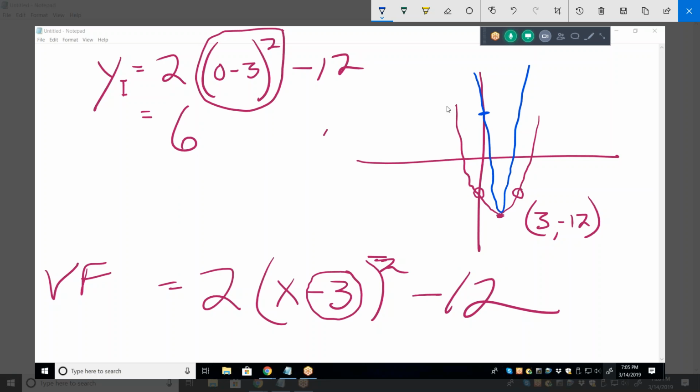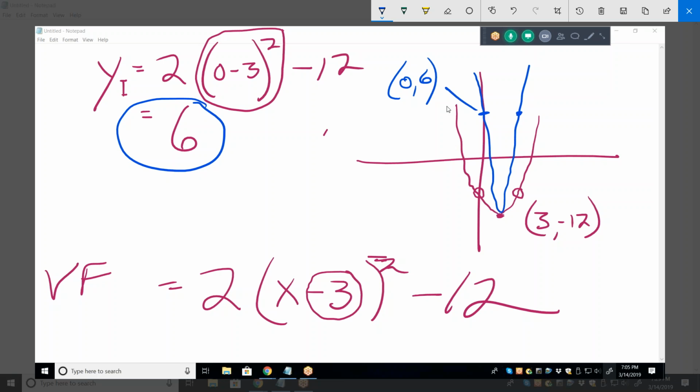Now, what are the coordinates of that point? What is the x-coordinate? What's the y-coordinate? Right there. The y-intercept is 6.